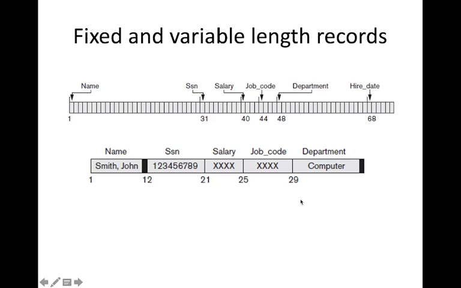So the total record size is the number of bytes you will require for each record. If I want to store 100 records, I'll be requiring 100 into this much. If I'm taking 50 bytes, 100 into 50, I'll be requiring 5000 bytes of memory. Okay, so this is what a record is. This will be called a record.